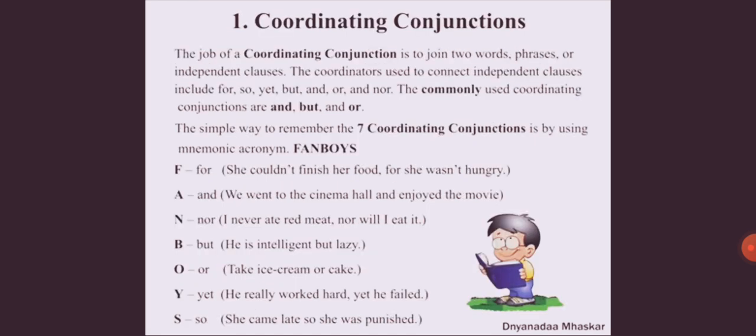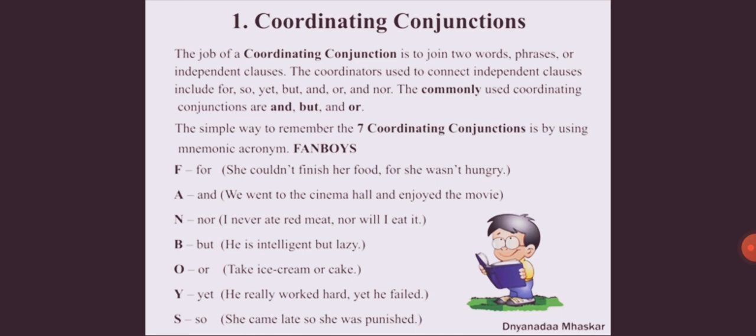Let us understand the first conjunction, that is the coordinating conjunctions. The job of a coordinating conjunction is to join two words, phrases, or independent clauses. The coordinators used to connect independent clauses include for, and, nor, but, or, yet, so.